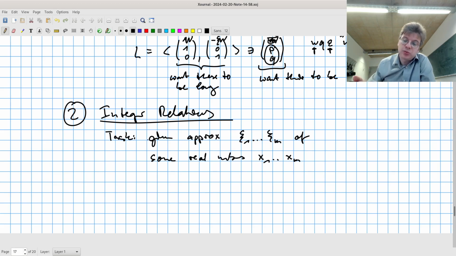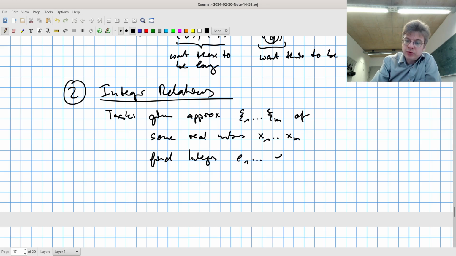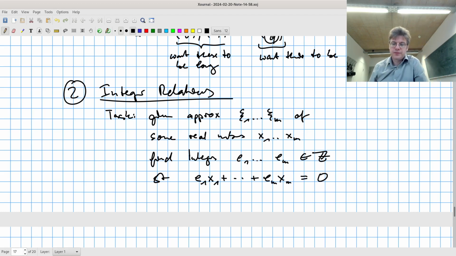I can't assume this to be given, but I can assume that we have approximations to a certain finite accuracy, and the task is to find integers e1 up to em such that e1 x1 plus ... plus em xm is 0.